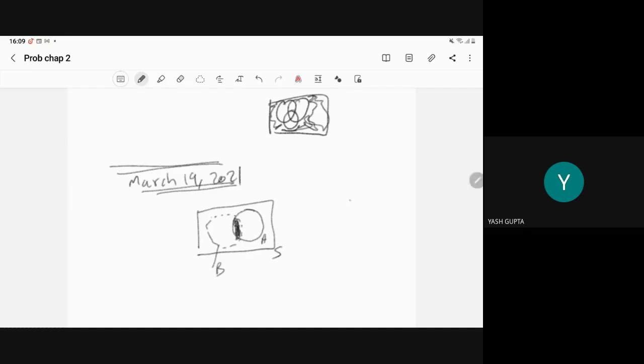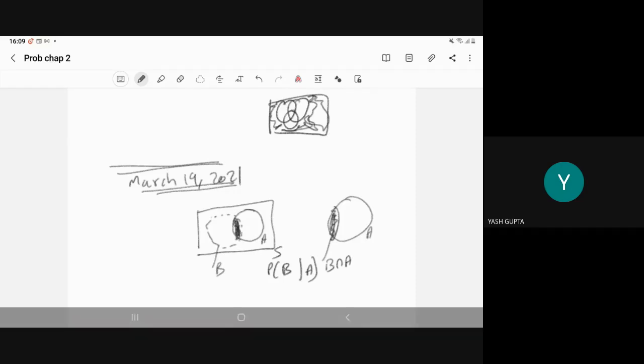Out of A, this portion represents the occurrence of B when A has already occurred. So we find the probability of B given A has already occurred. This is the way of representing the conditional probability.